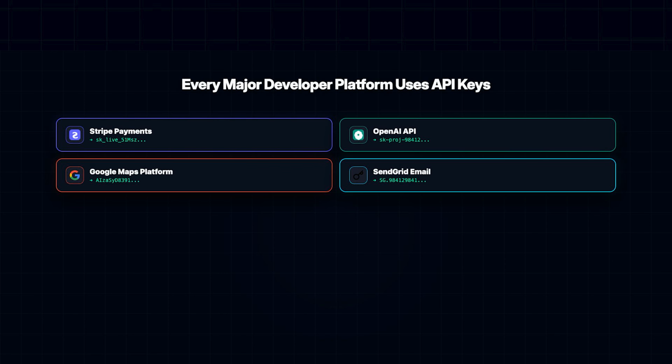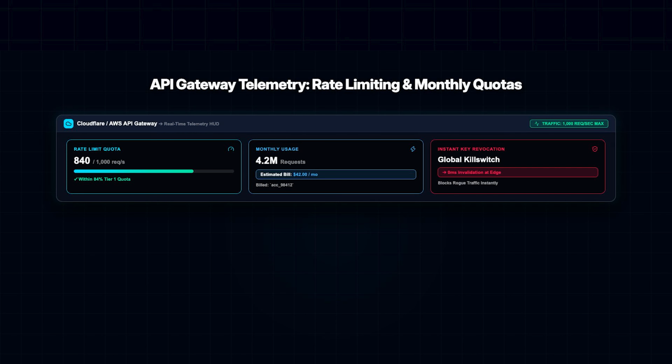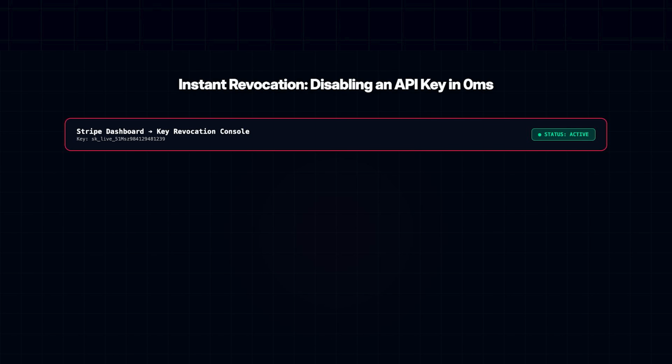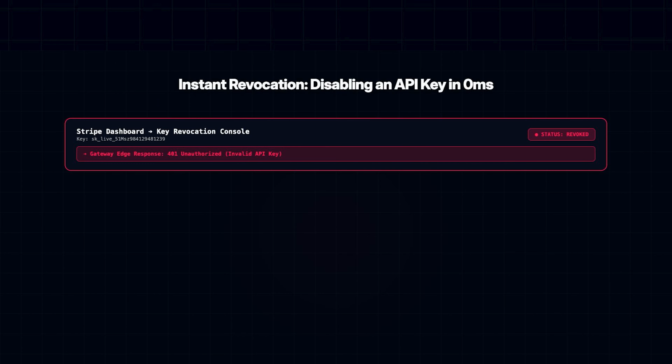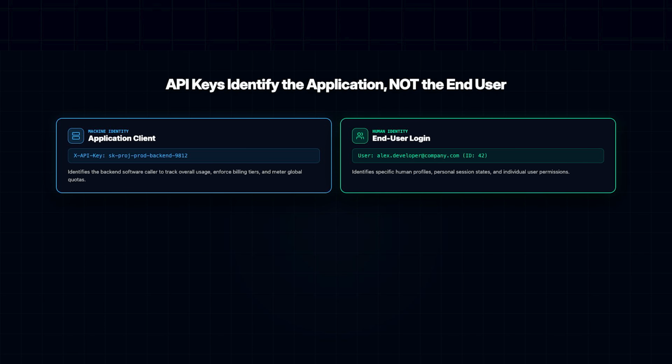Once the server knows which key made the request, it can do things like track usage, apply rate limits, calculate billing, restrict access, or completely revoke a particular client's access. But there is one important difference between an API key and a user login. An API key normally identifies an application or client. It does not necessarily identify the actual human user inside that application.